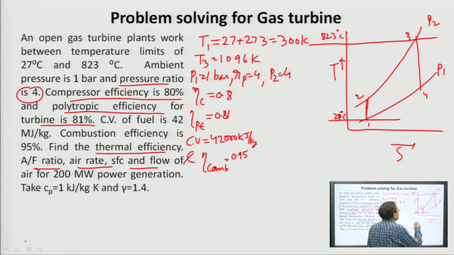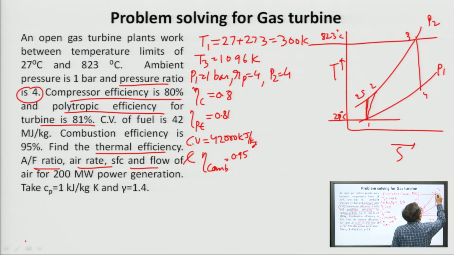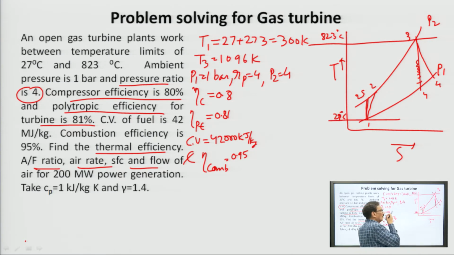Then, if this is point 2S representing the isentropic one, this is the actual point 2, and because the polytropic efficiency is given for the turbine, this one will be point 4.